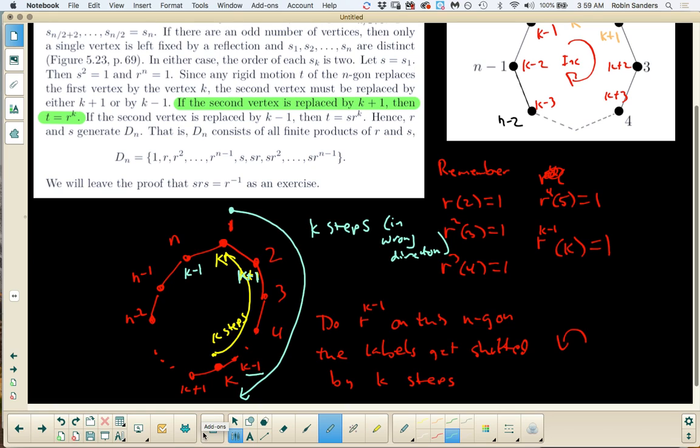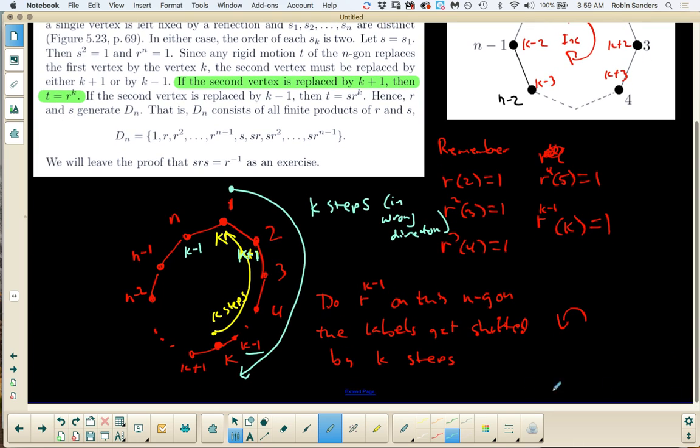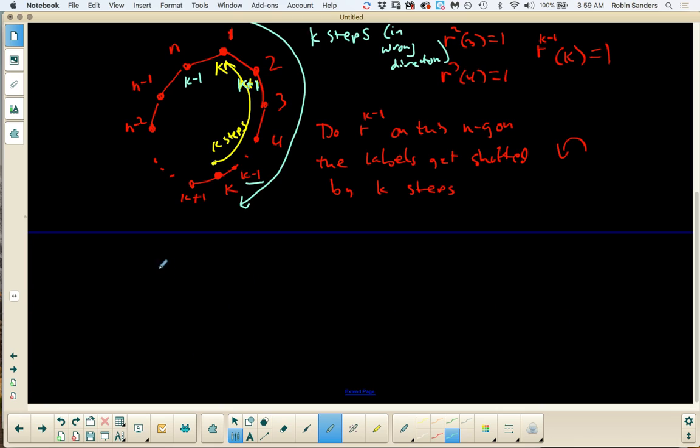So what we can clearly see is that the labeling for r to the k minus 1 is going to look like, well, I'm going to do this on the inside.